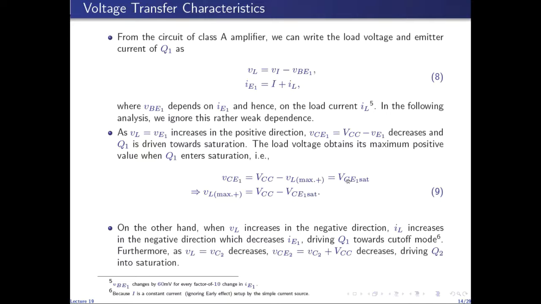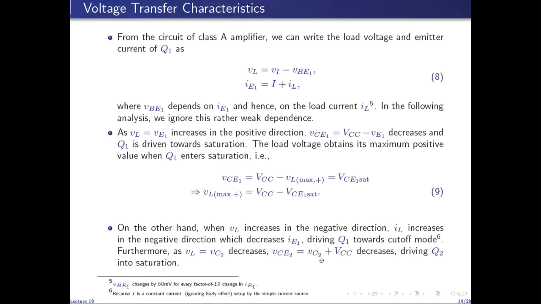Moreover, because the load voltage is equal to the collector voltage of Q2, as VL swings in the negative direction, VCE2, which is equal to the voltage at the collector of Q2 minus the voltage at the emitter of Q2. Voltage at the emitter of Q2 is minus VCC.